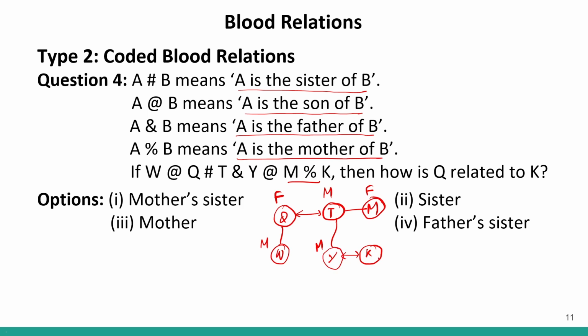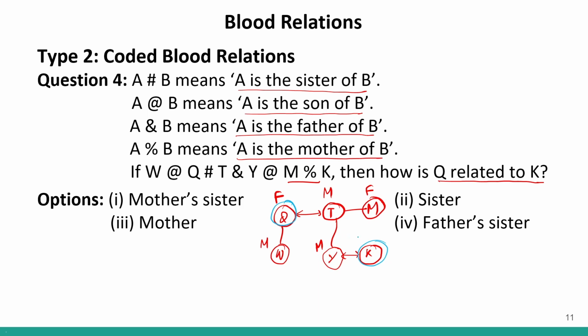So this would be the family chart. Now, we have to find out how Q is related to K. So over here, I can see Q is basically K's father's sister, right?